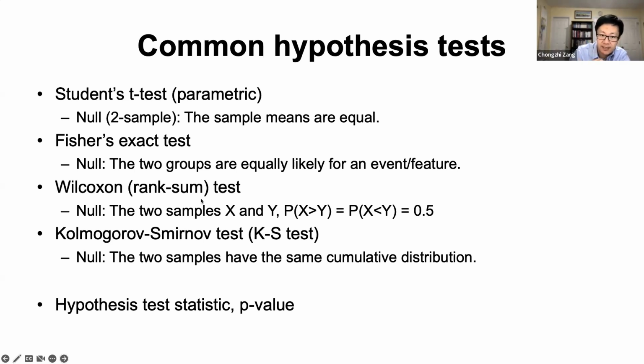The rank sum test considers drawing numbers randomly from these populations multiple times, and we do not expect one sample to be necessarily greater or smaller than the other. That is the null hypothesis case for the Wilcoxon test.